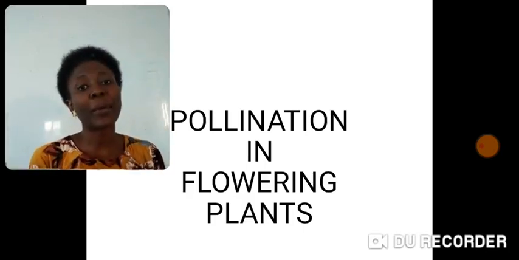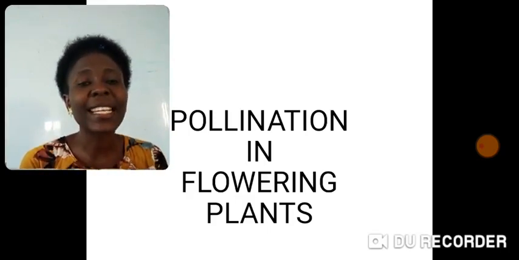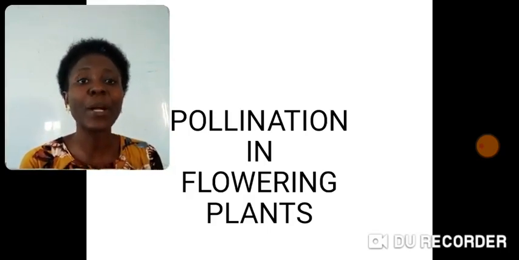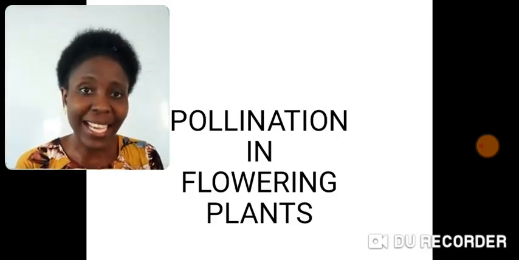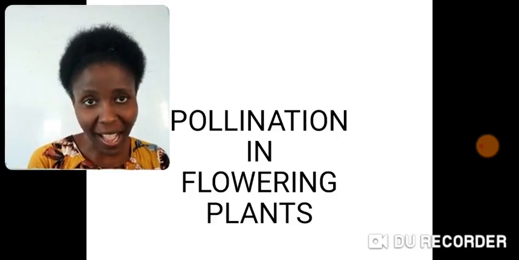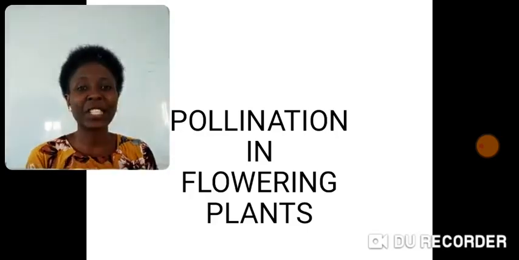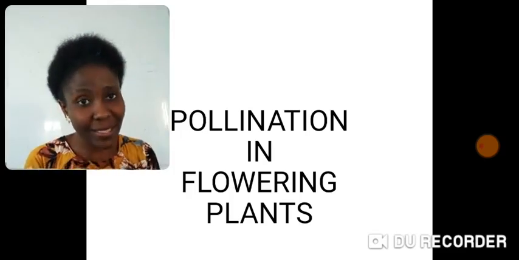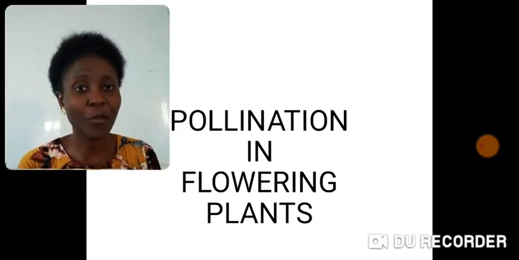So what do we mean by pollination? Pollination is the transfer of pollen grains from the anther to the stigma of a flower. That's just simple, right? It's just the transfer of pollen grains from the anther to the stigma of a flower.